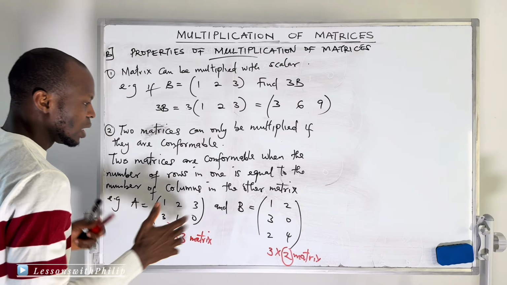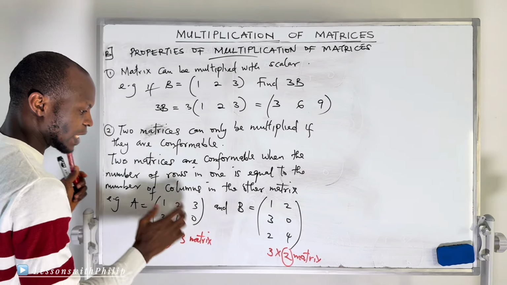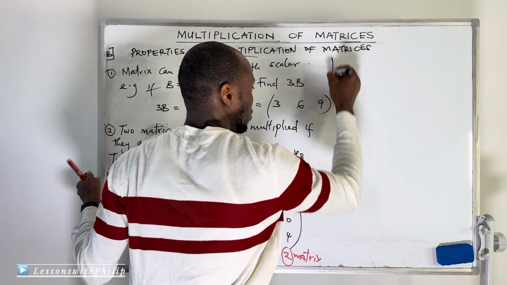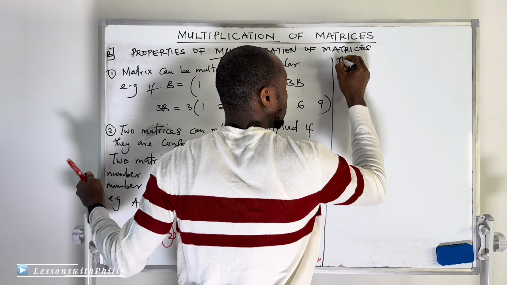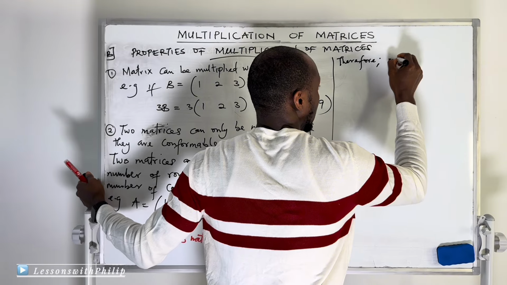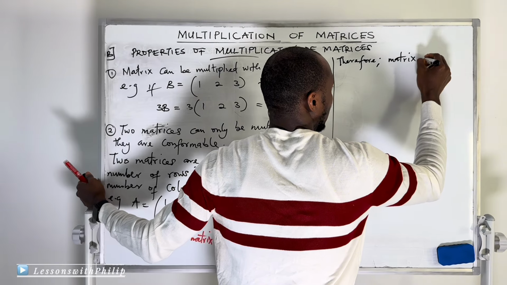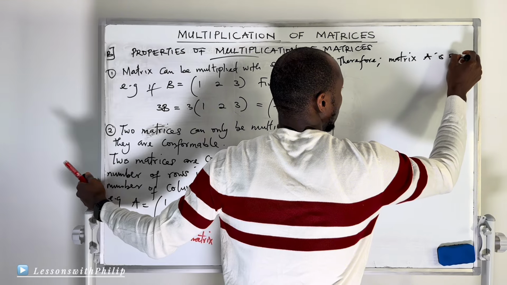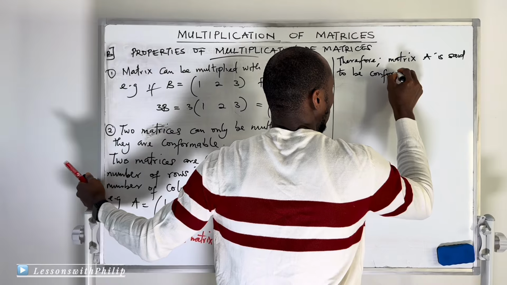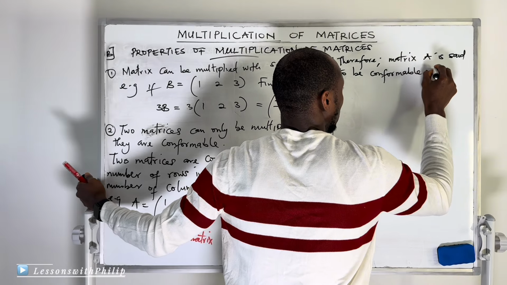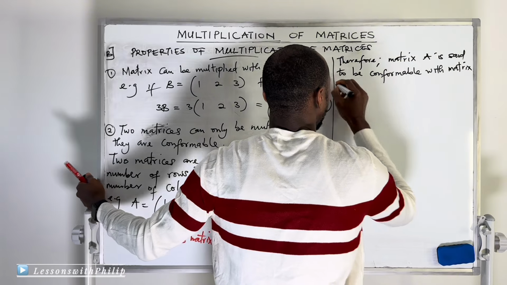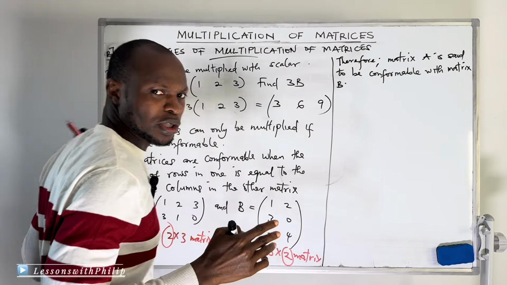So now these two matrices, matrix A is said to be conformable with matrix B. Somebody is asking, what about 2 by 2?